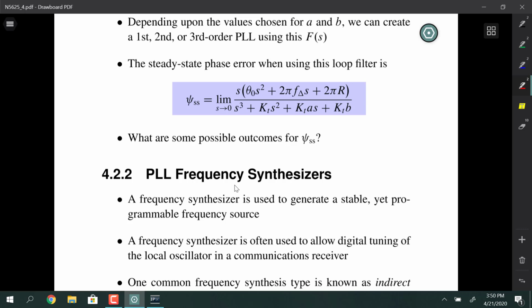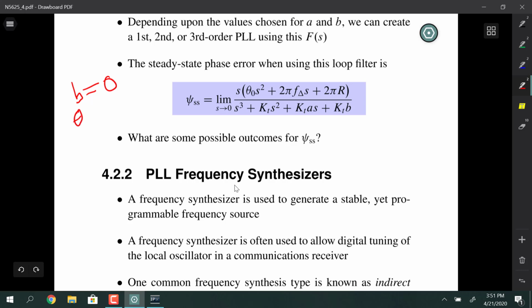So for starters, what I'd be inclined to do is, let's just suppose that we've just got a second order loop. Yeah, let's just go with a second order loop. So we're going to have B equals 0, but A does not equal 0. And then we're going to assume the only input perturbation we have is the frequency ramp.